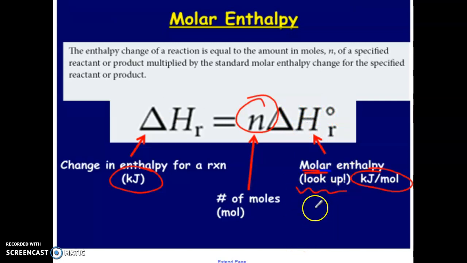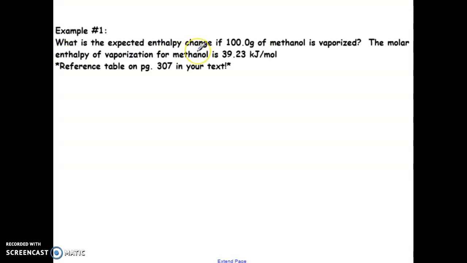Those reference pages that I asked you to save as a separate file, it's in there as well. It's on page 307 in your text as well. For example, molar enthalpies for combustions, there are a lot of them that you can look up. So this value, if it's not given to you, typically it's something that you can look up to solve the problem with.